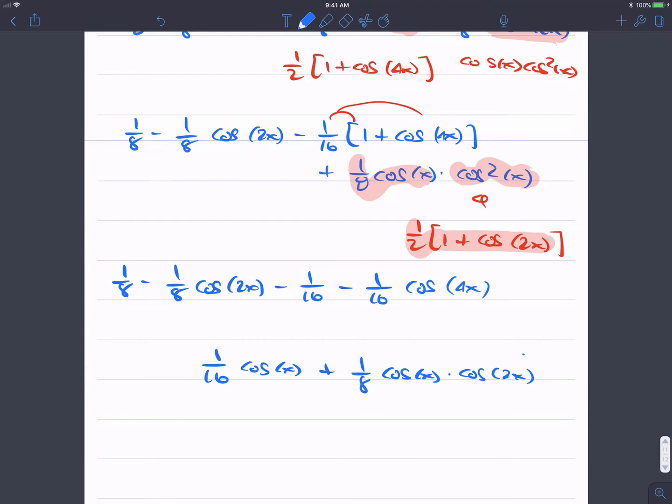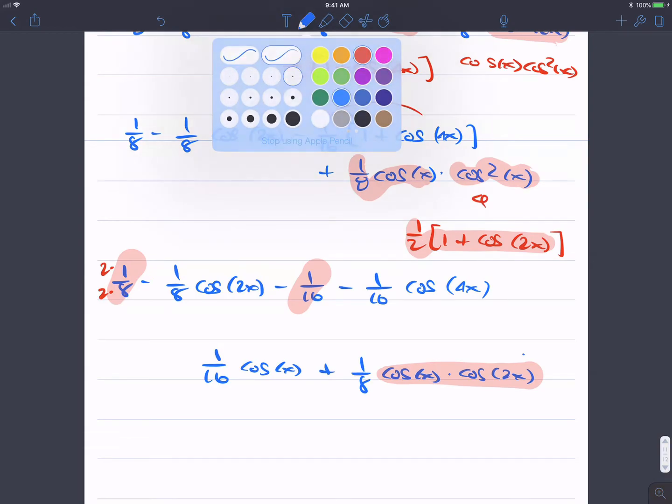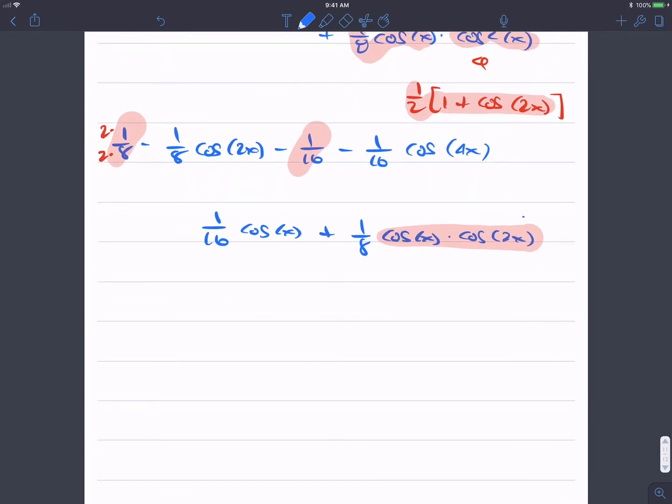Okay, a couple of things to notice that we're going to have to do here. Arithmetic, times 2 times 2. Second thing, product to sum. So let's write this down. 2/16 minus 1/16 gives you 1/16.